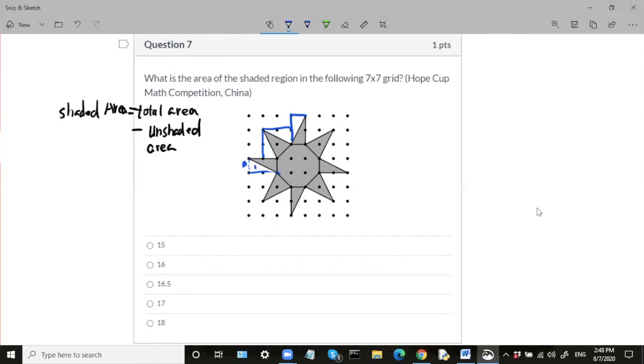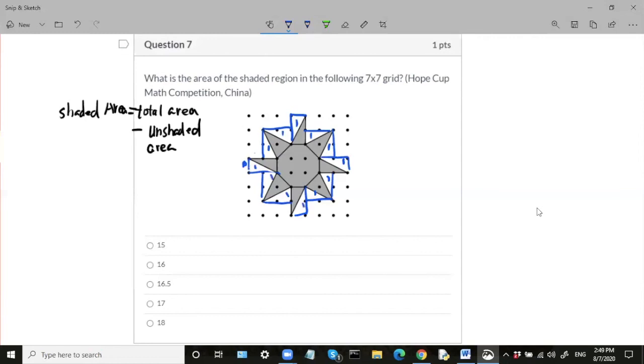So this type of triangle is 1. Okay, so we have 1, 1, 1, 1.